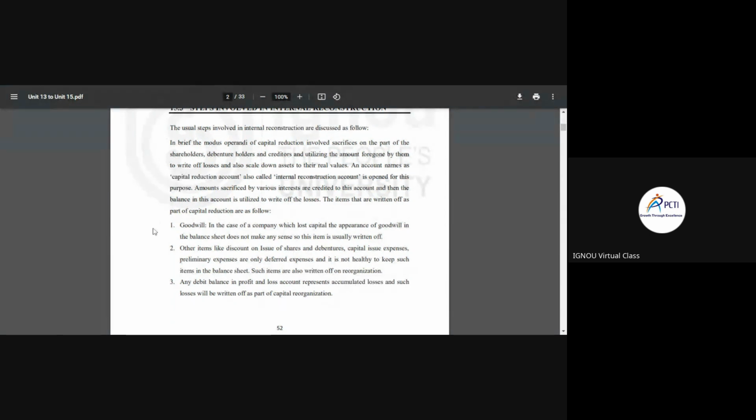So in this step, the first step will be goodwill. In the case of a company which lost capital, the appearance of goodwill in the balance sheet does not make any sense, so this item is usually written off.